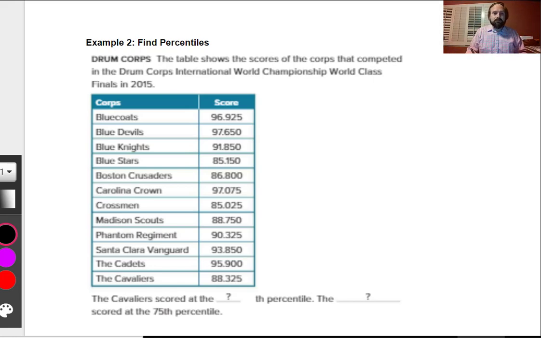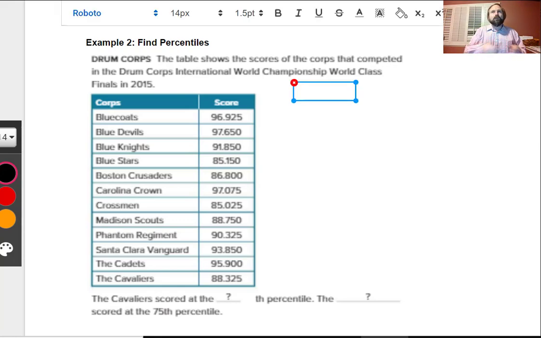Okay, well, what we have to do is we have to put them in order. Let's put it in order, from greatest to least. So the top score, just by looking at it, looks like it's going to be Blue Devils.